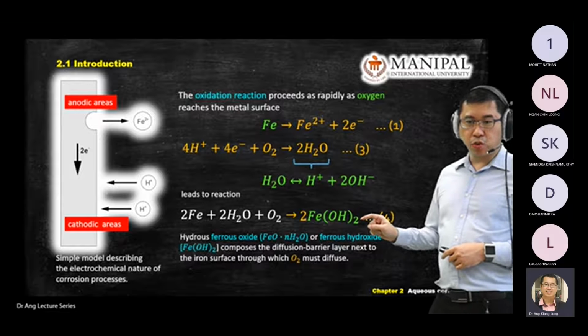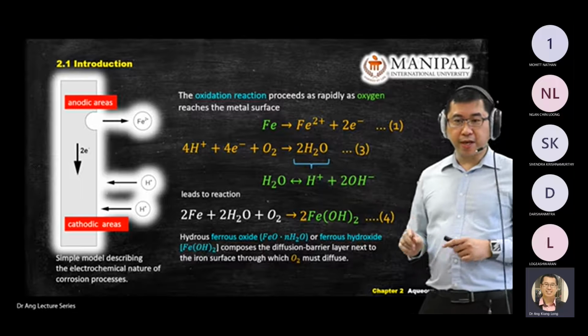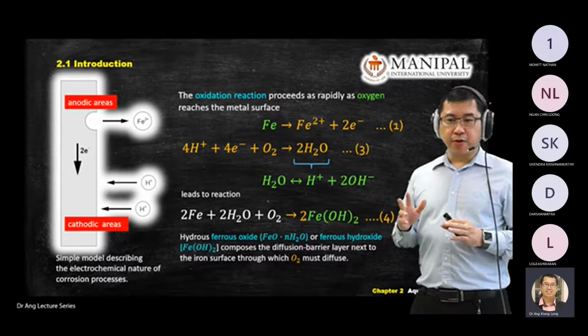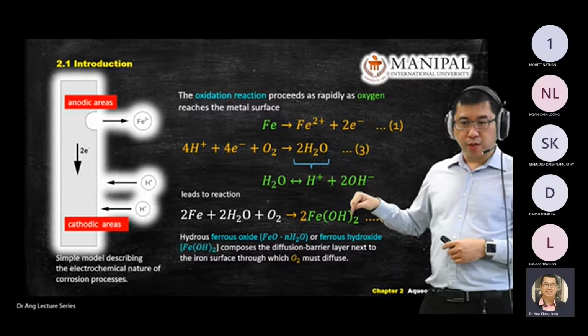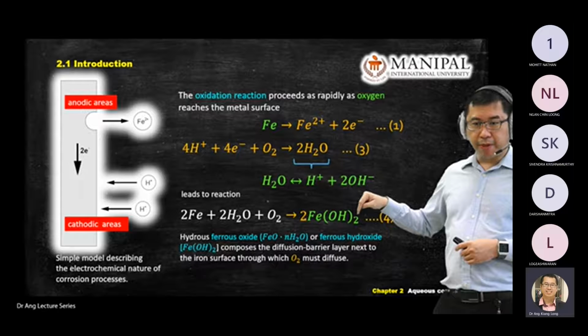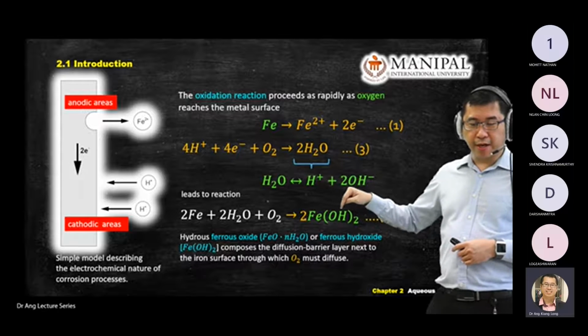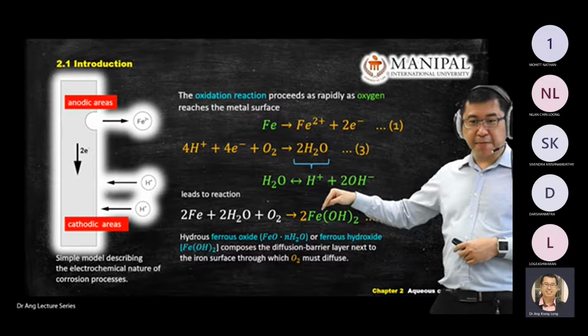Here you see 2 means this is the iron 2. You know that iron you have a few types, right? You have iron 2, iron 3. So if you see 2 at the back of the bracket, it means that if you need to combine, you need to balance the molecular electrovalence, right?